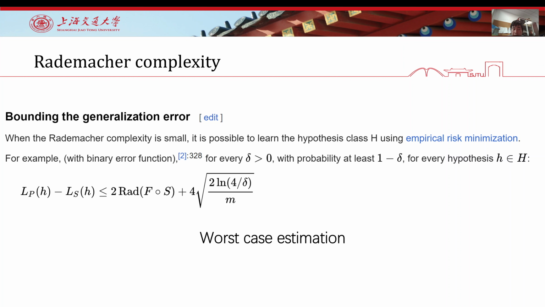The training error is usually small, so the test error is also small. However, for neural networks, we usually find this doesn't work because the complexity is very large, and this is the worst case estimation. So the bound is also meaningless. It doesn't give any guidance for our practical training.